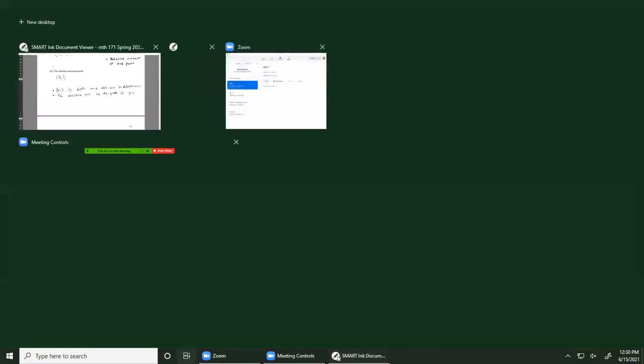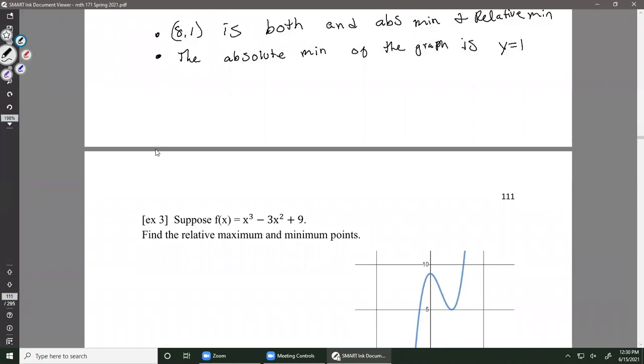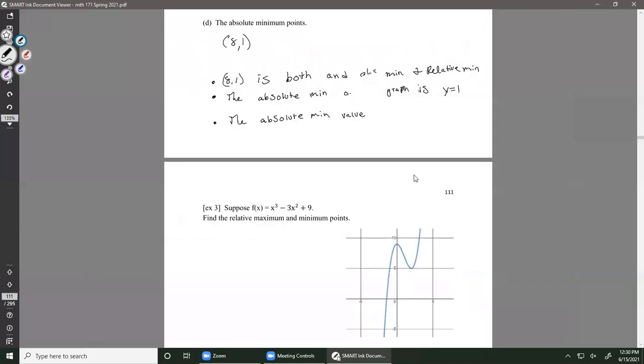If it asks you, the absolute min occurs at blank, you would say x equal to 8.